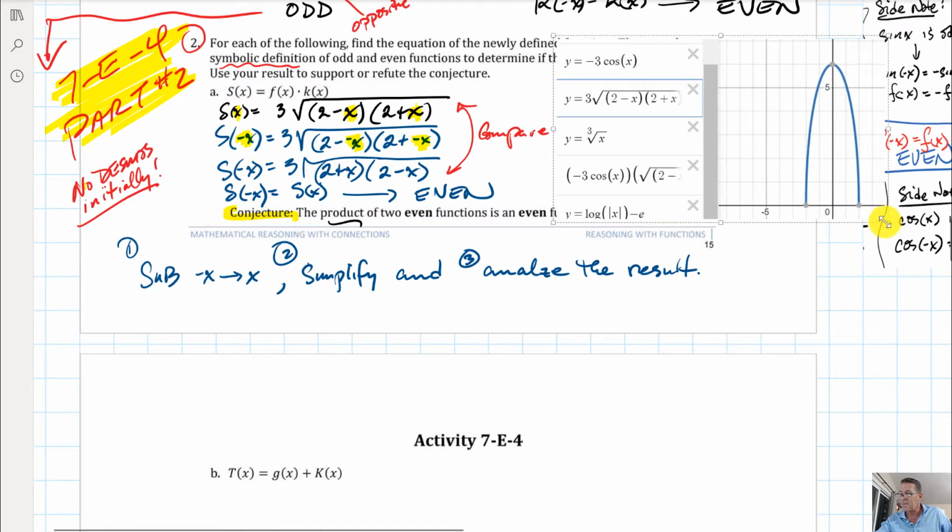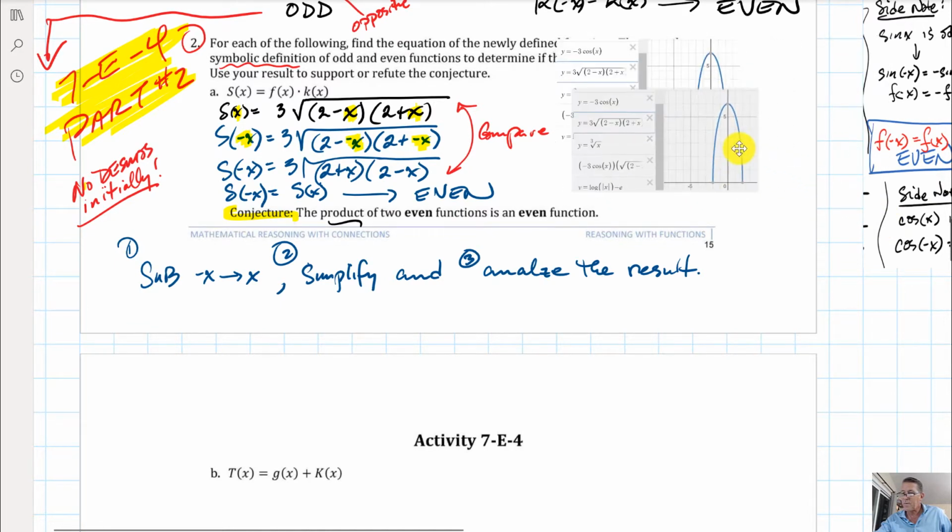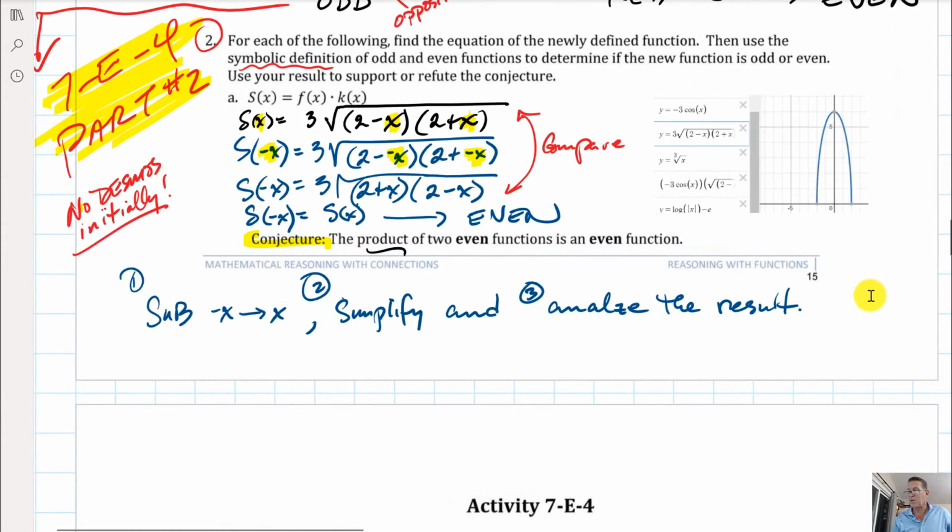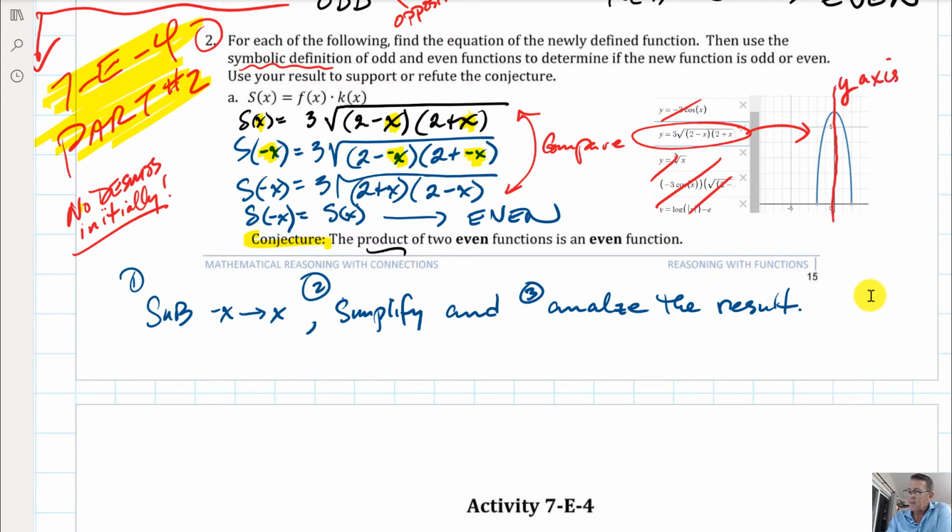Okay, let me just rearrange things here. So there we go. I'm talking about this function right here, not these. This function has symmetry about the y-axis, and the y-axis happens to be this dark vertical line right here. You'll notice that this point A gets reflected to A prime across the y-axis.